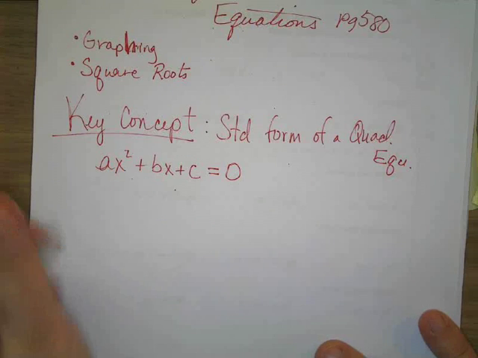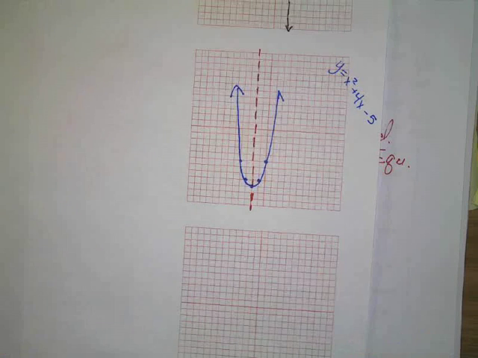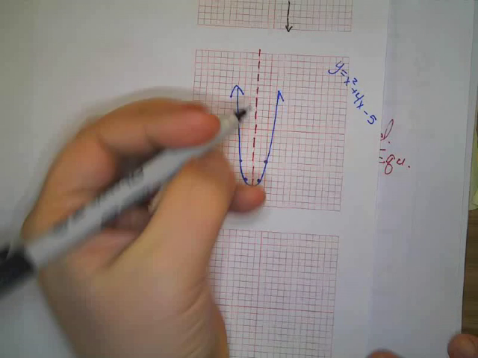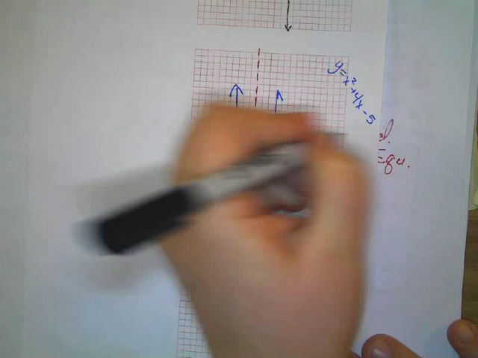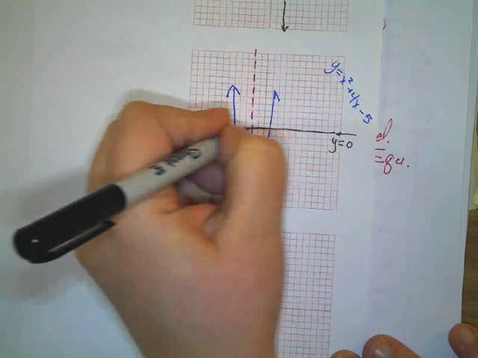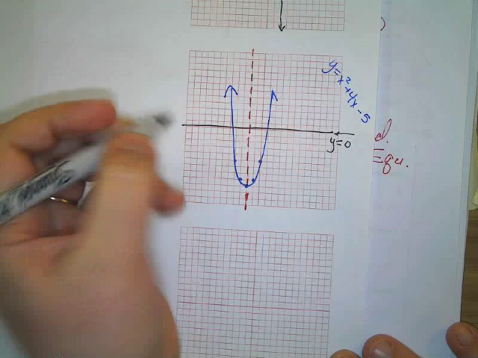Graphically, I'm going to take the one that we just did on the homework. Graphically, these solutions are where the graph crosses the x-axis, because we want to know when it equals 0, right? So this whole entire line is where y equals 0.